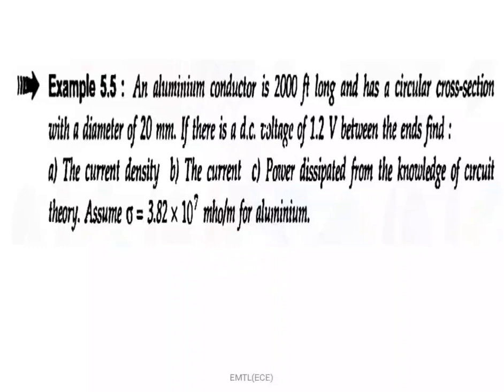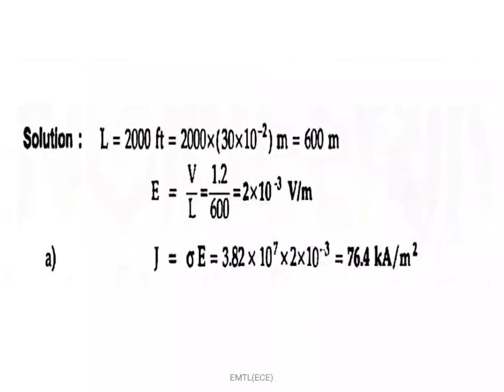So in this problem we have to find the values of current density, that is J, current value I, and power dissipated, that is P value.